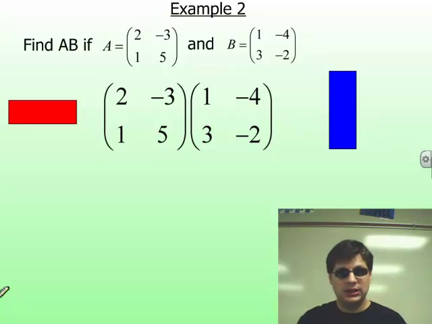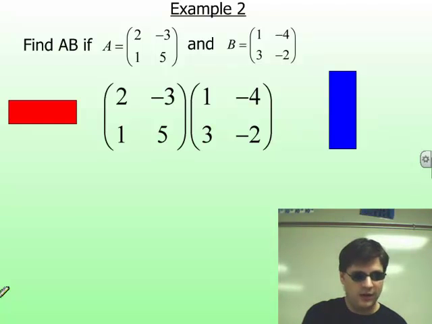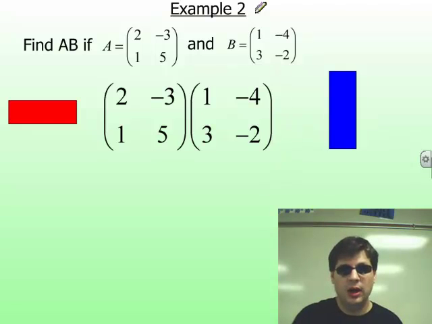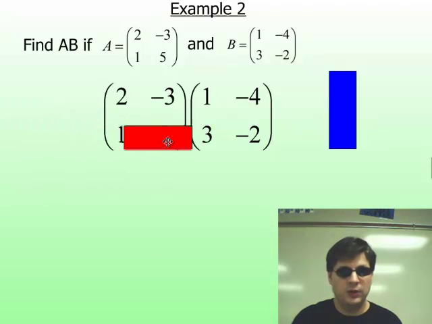Now, I can't use the paper directly on my screen here, but I have a couple simulated pieces of paper. And I'm going to cover up, so matrix A here, I'm going to cover up the second row because we're going to start multiplying the first row. So I'm going to cover up the 1 and 5.